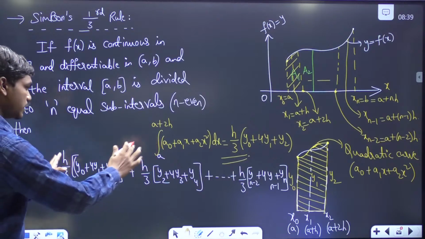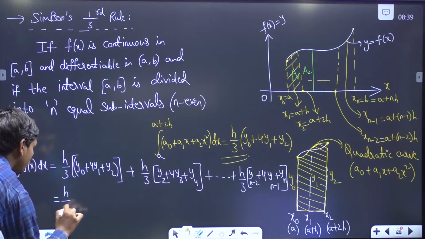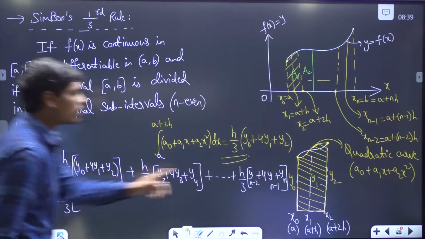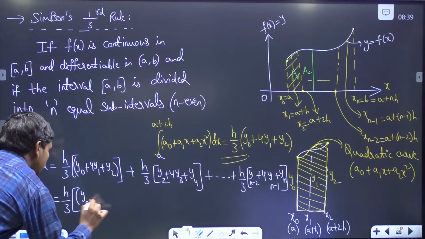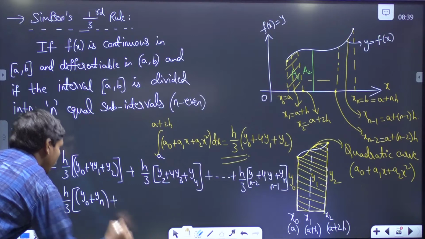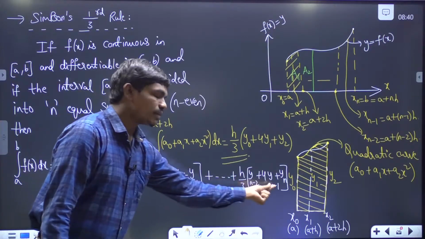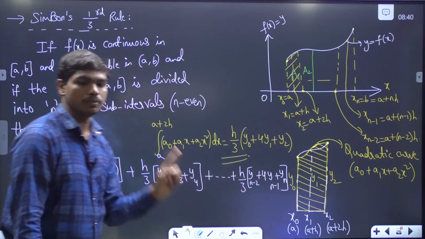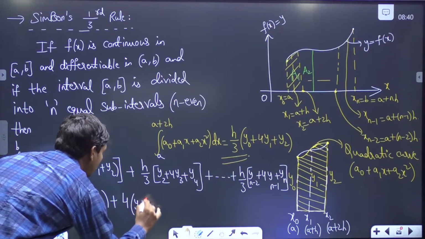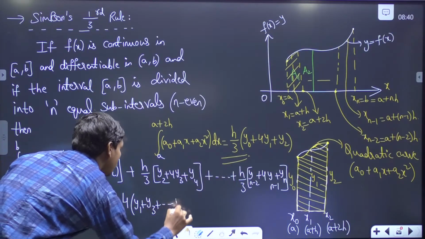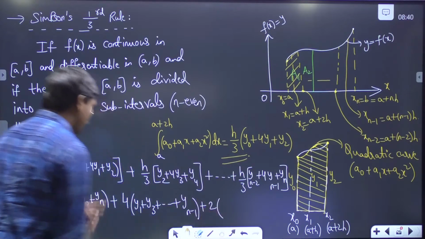Correct? So now if you see things clearly, this h by 3 can be taken out. This y0 and yn occur only once. So y0 plus yn will be occurring only once, plus if you look at odd subscripts, meaning 1, 3, 5 and n minus 1, you will be getting 4 times each value. So 4 times y1 plus y3 and so on plus yn minus 1, and 2 times every ending value.